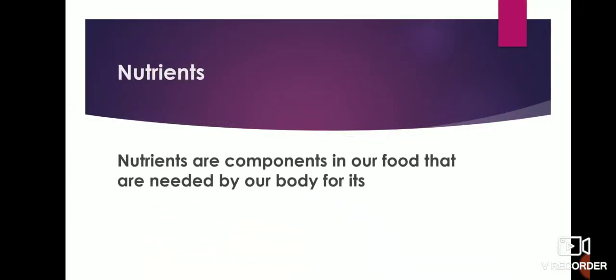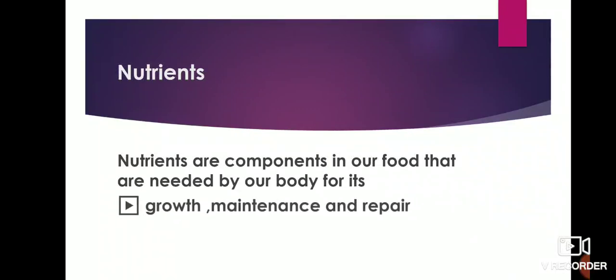Then how can we define nutrients? Nutrients are components in our food that are needed by our body for its growth, maintenance, and repair. So, dear children, for our growth, and if there is any wound or something like that, we need to have the repair, and also we want to maintain our health, and for this we all need nutrients.